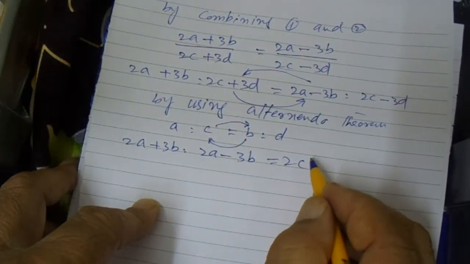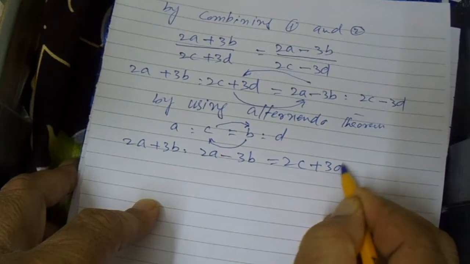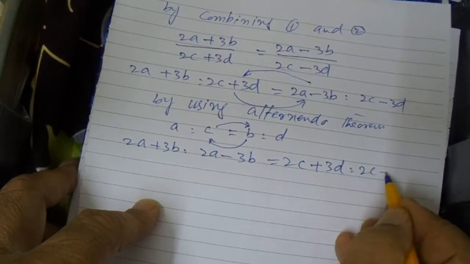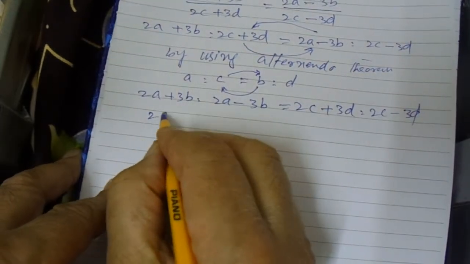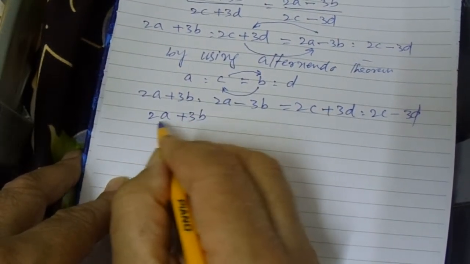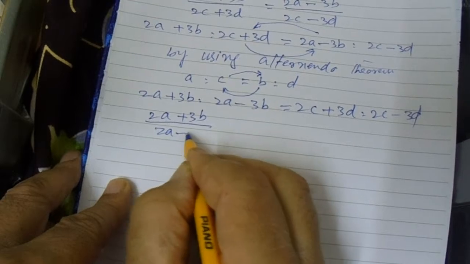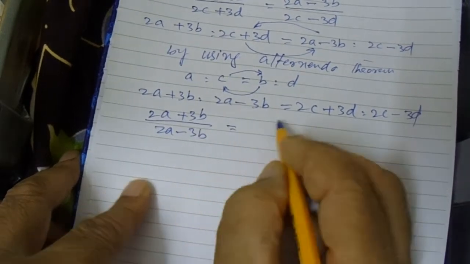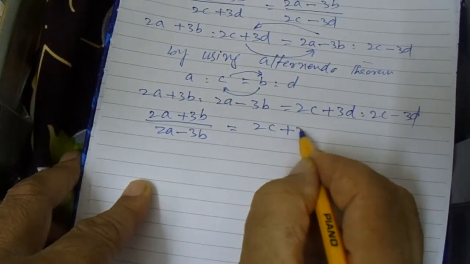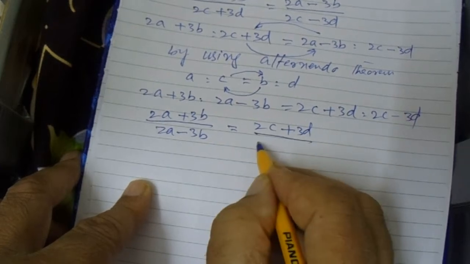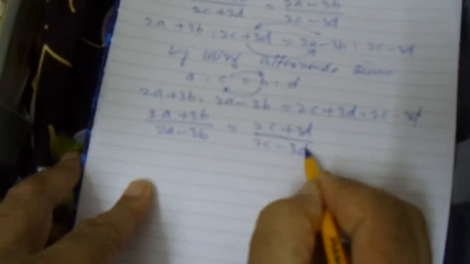2C plus 3D ratio 2C minus 3D. And now we write in fraction form: 2A plus 3B over 2A minus 3B is equal to 2C plus 3D over 2C minus 3D.